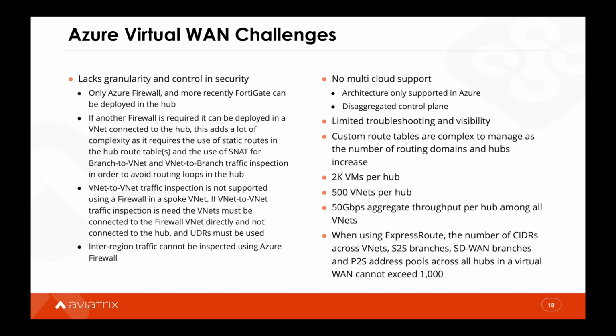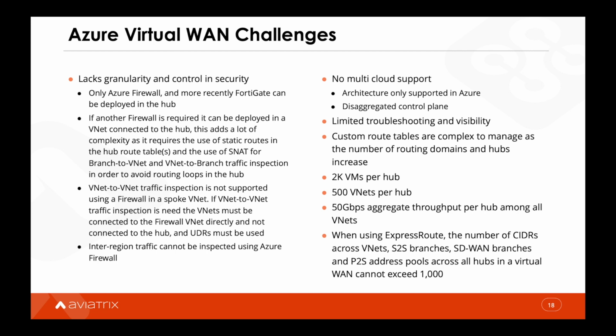The other thing is aggregate throughput among all VNets connected to a hub is limited to 50 gigabits per second. However, this number is not available from the start. Initial throughput is much less than that, and it can actually take a couple of hours for the hub to scale out to those 50 gigabits per second.